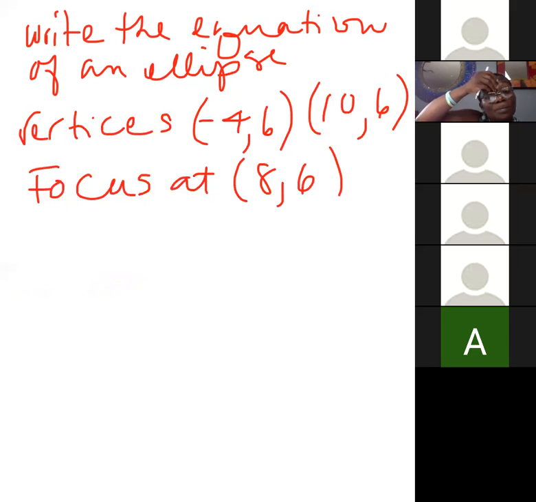That's all they give you. And you have to come up with the equation of the ellipse.